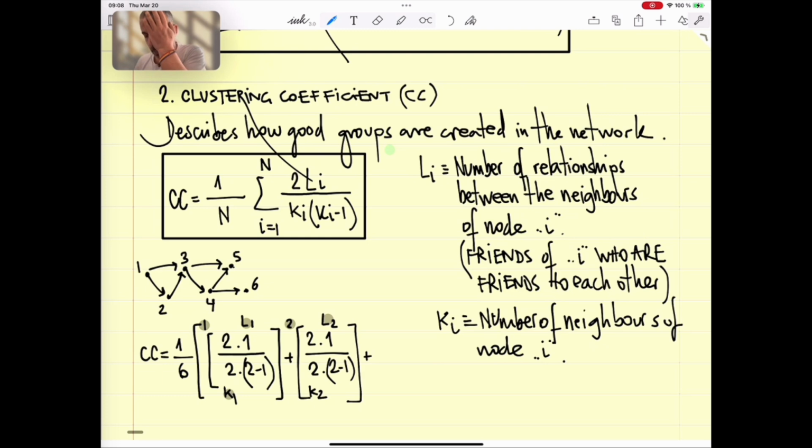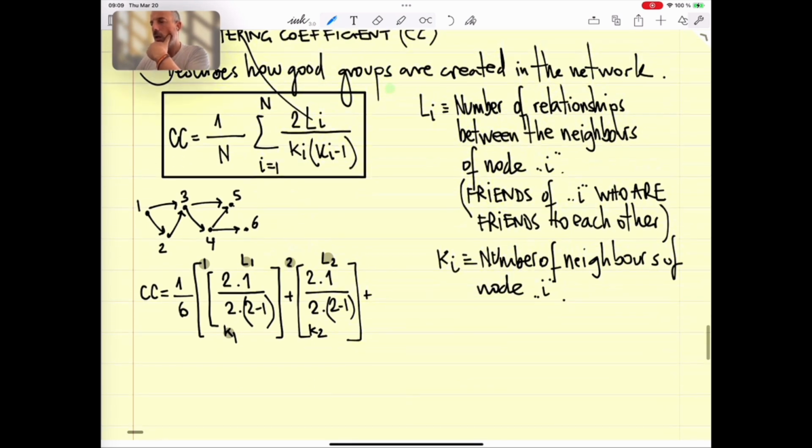Can anybody do number 3 with me? Does anybody want to do it with me? No? All right, I'll do it. Number 3. 2 is always the same.